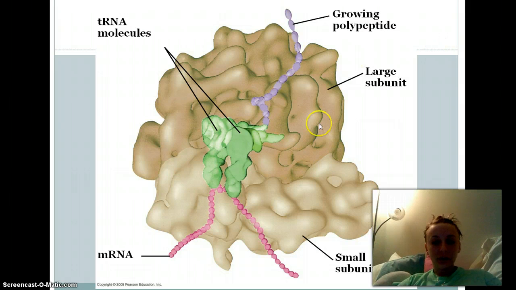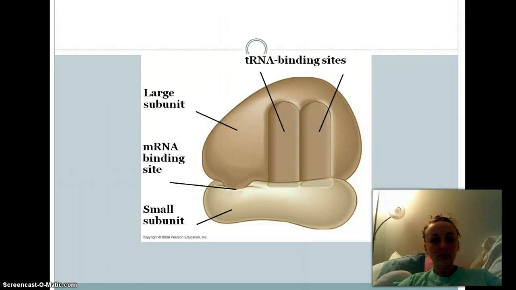So here's this picture. This brown glob is our ribosome, and here's that section where that tRNA, that little green one right here, can bind to the ribosome. Okay, so we see that mRNA going in and that growing polypeptide leaving. So that's our whole goal, is making that polypeptide.